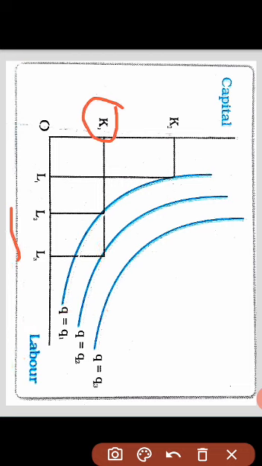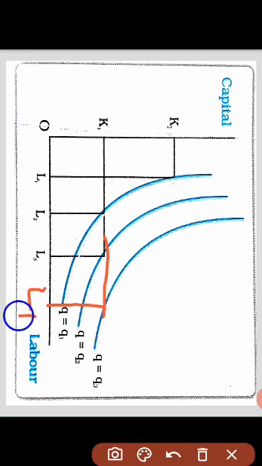When you are moving to a higher isoquant curve, that means you are using a higher level of capital or labor. If you continue this graph, it will give another line, which we can write as L4.